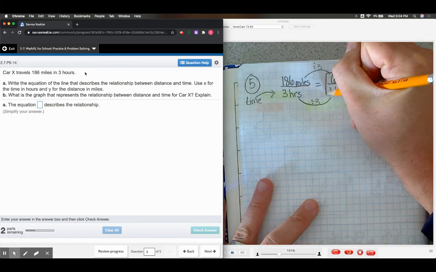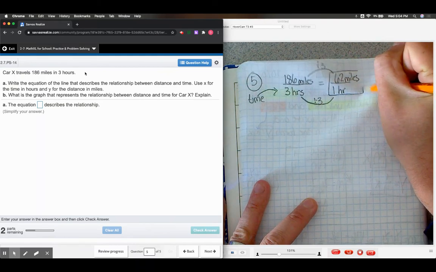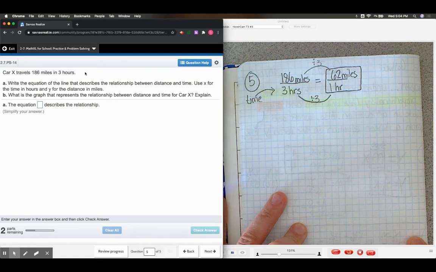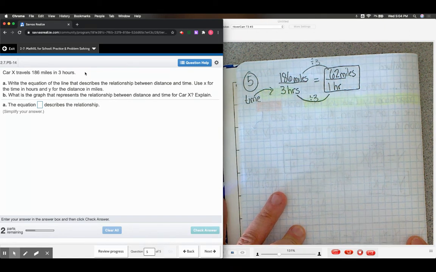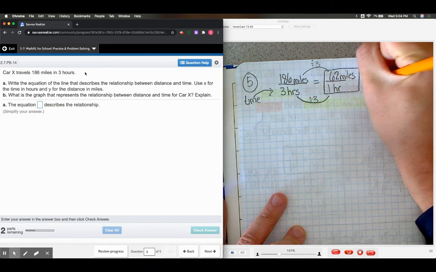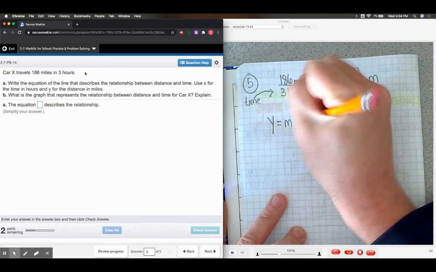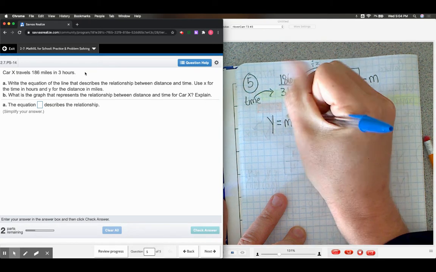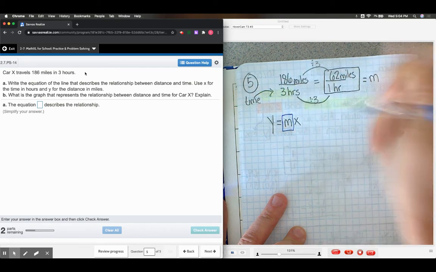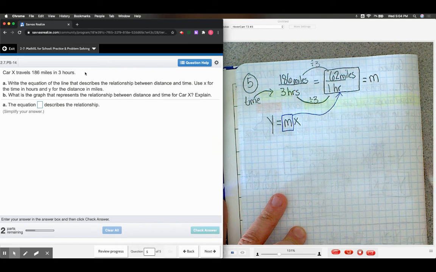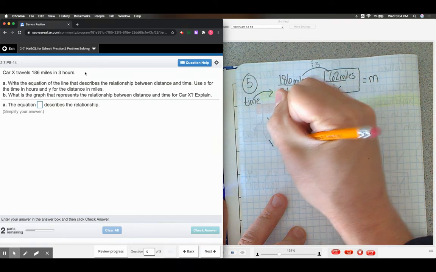So this car X is traveling 62 miles each hour, 62 miles per hour. Okay, so that is our m, that is our slope. So I'm writing the equations again, and again, like, be quiet, we already know this, Mr. G. You're going to fill in just the m part of this equation with your slope of 62.